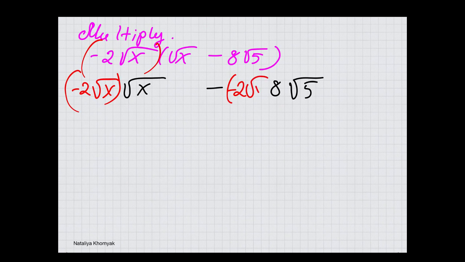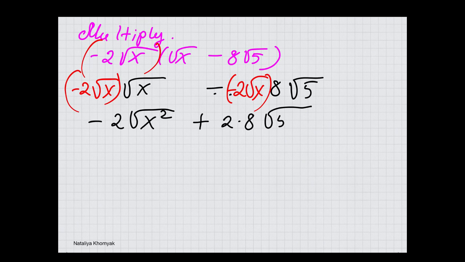So we have positive times negative, negative 2 radical of x times x is x to the second. We have negative times negative, plus 2 times 8 radical of 5 times x.